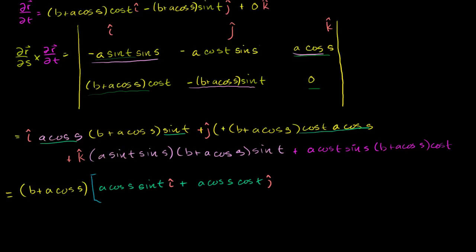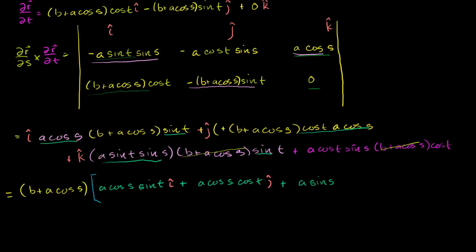And then when we factor that out, we can multiply this out, and what do we get? So plus, if you multiply sine of t times this thing over here, because that's all we have left after we factor out this thing, we get a sine of s sine squared of t.